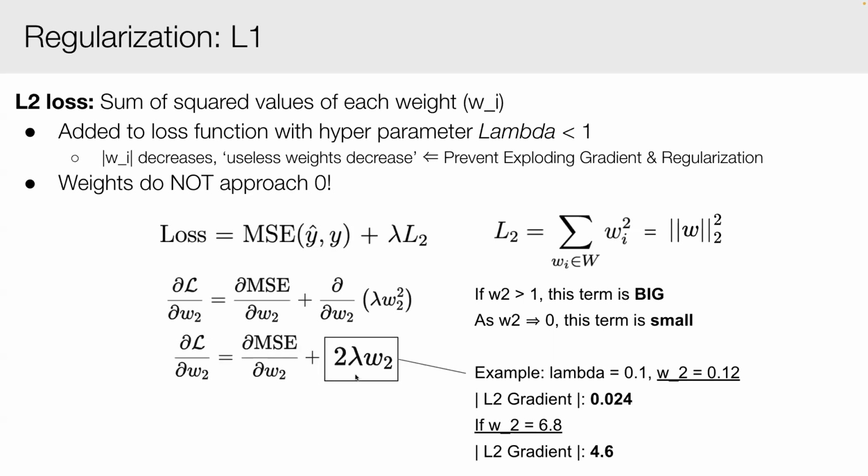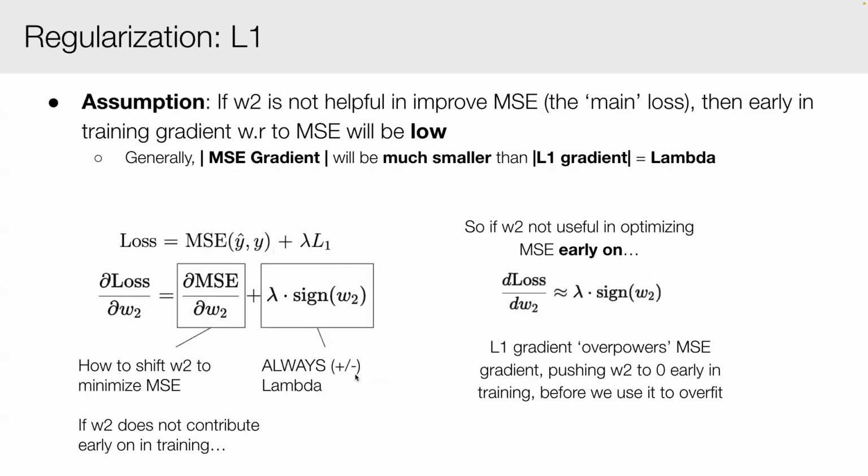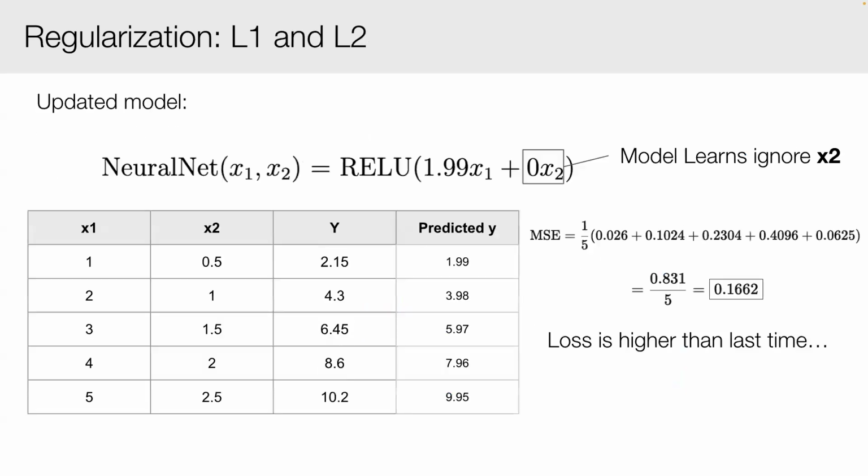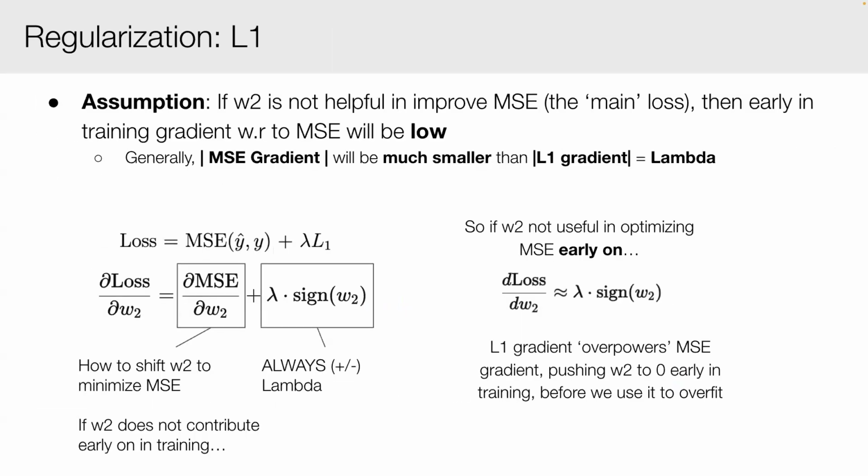Because is there really any difference between fluctuating your weights between maybe 0 and 1 versus 0 and 100?